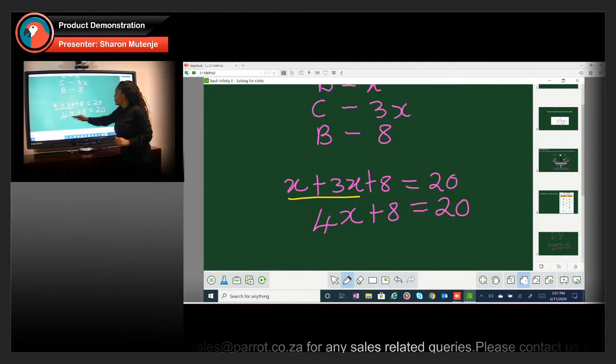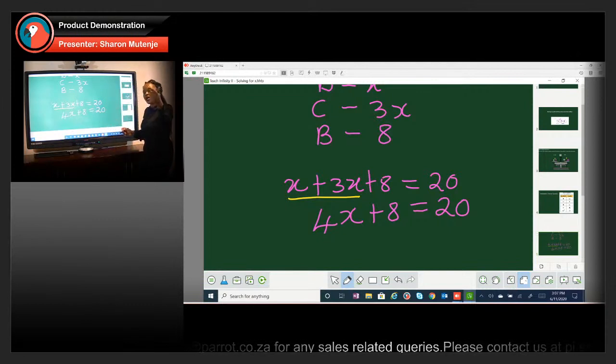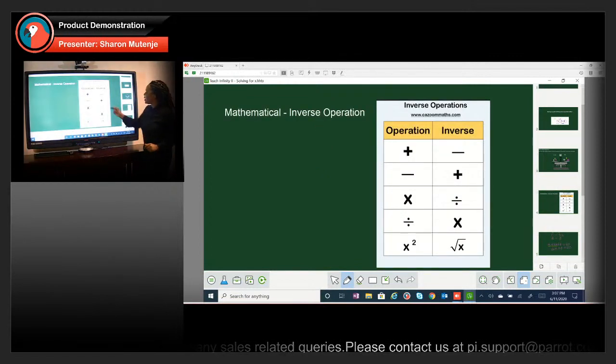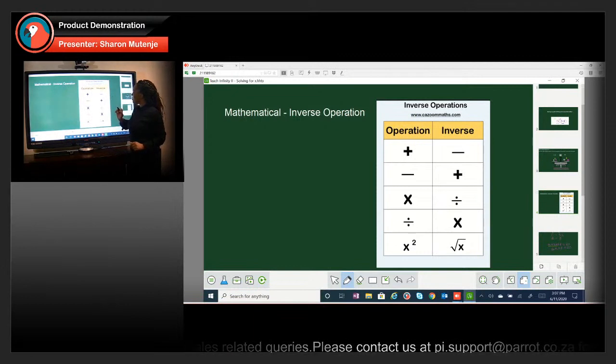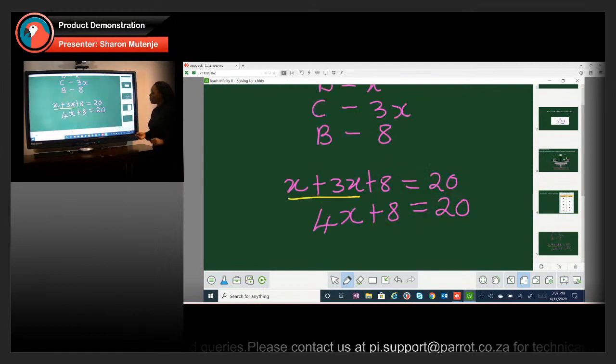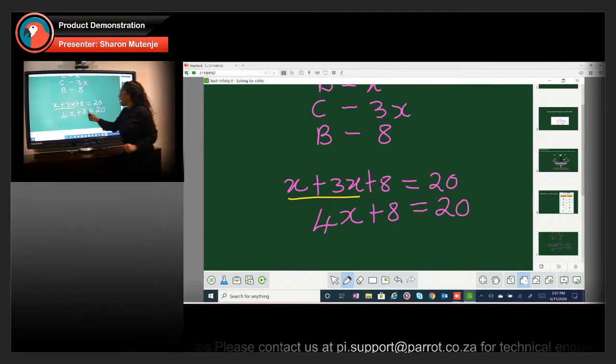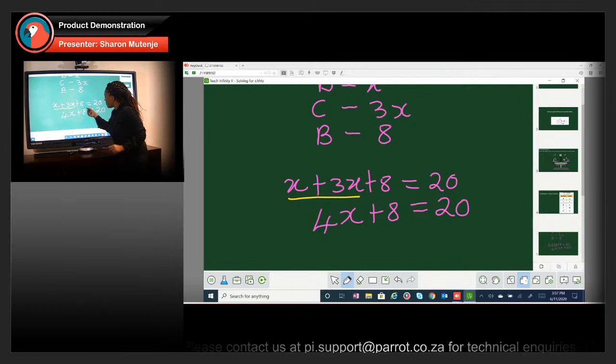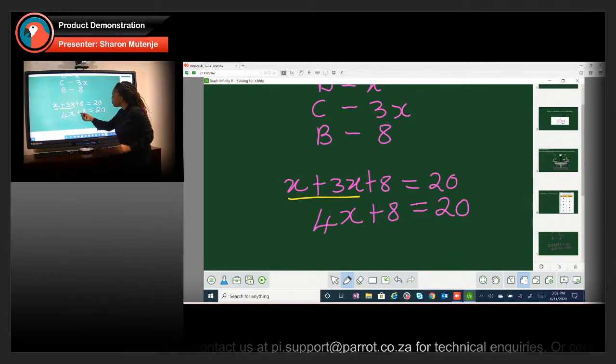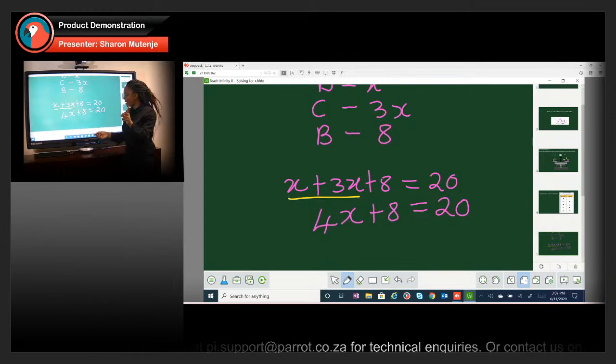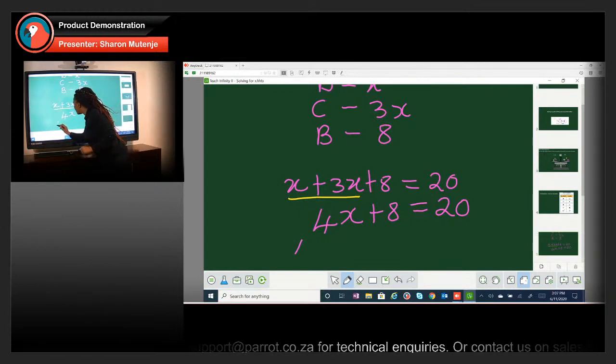Now that we have this, we come back and apply the mathematical operations and their inverses. The inverse of plus is minus, and the inverse of minus is plus. So I want to remove plus 8. The inverse of plus 8 is minus. So this is where I'll say 4x plus 8.